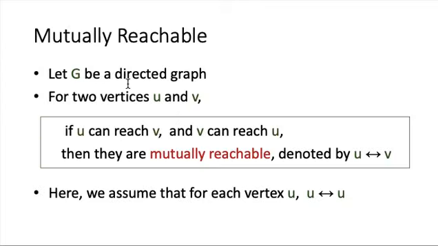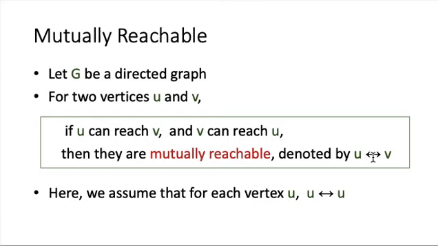Okay, so let G be a directed graph. For two vertices u and v, if u can reach v by using a directed path, and v can also reach u by using some other directed path, then these two vertices are called mutually reachable.